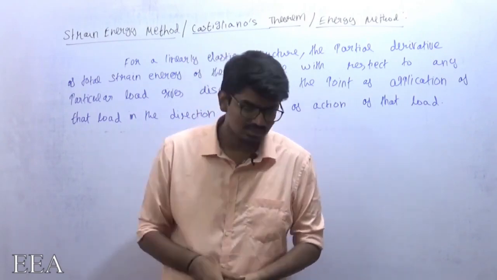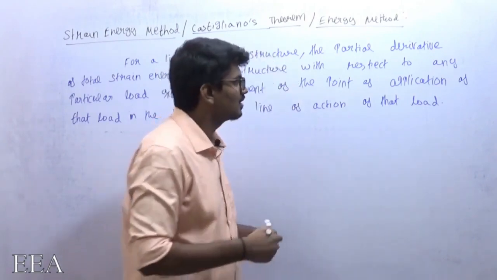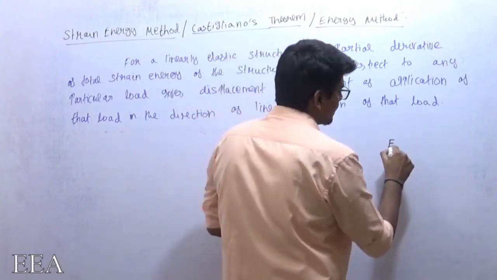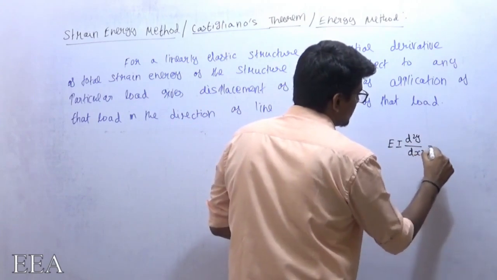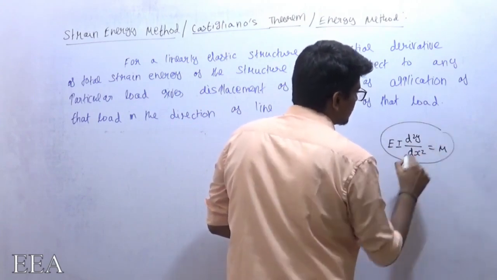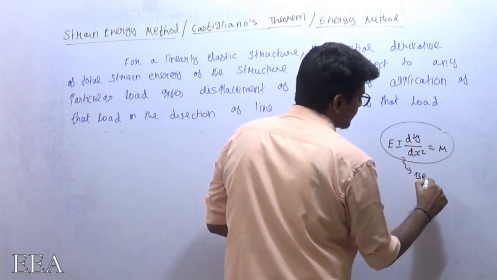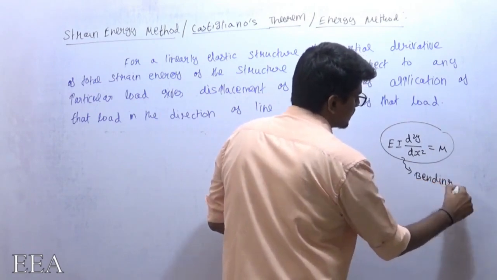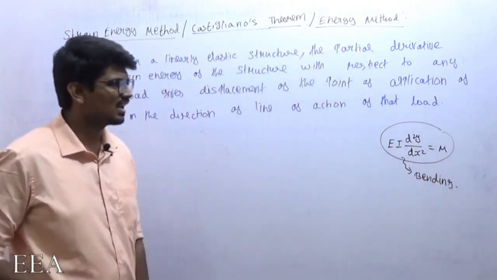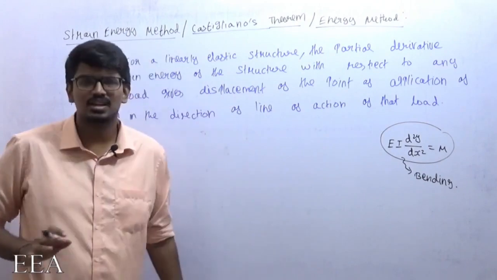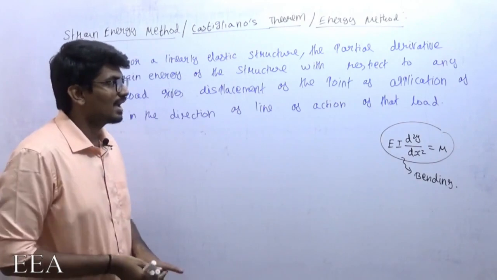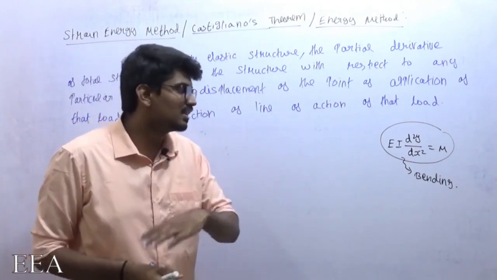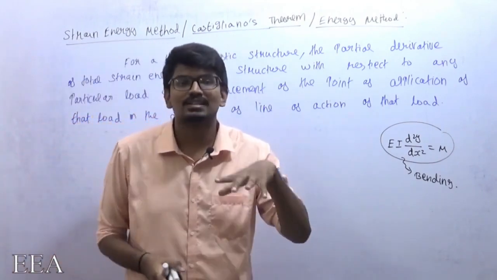The reason is very simple. Double integration derives deflection using a simple formula that is specific for bending. We got this formula from the bending equation only, so I cannot use the double integration method for an axial loading case.